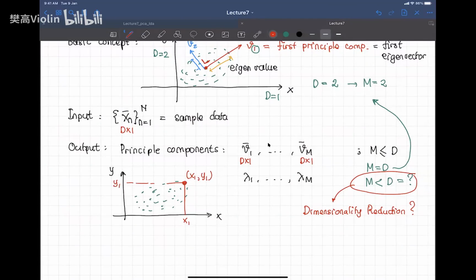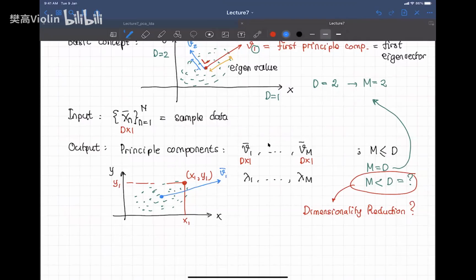When we have the principal components, let's assume that we have the mean here, and then we have this principal component V1. With this V1, let's put another drawing here so that it can be more obvious. Assume that this is V1 and V2.